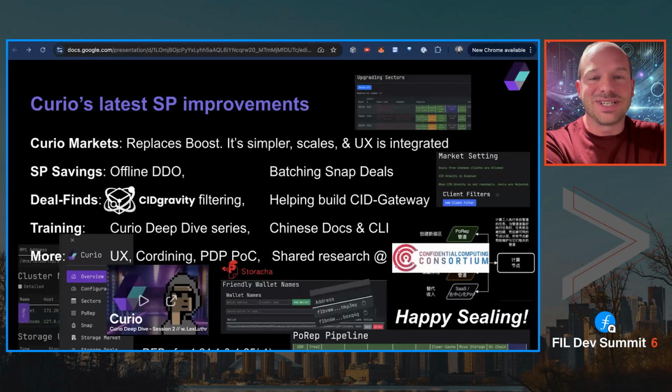Today, the Curio team is focused on reimagining the storage marketplace, and deal making is our focus. We're trying to make it so that for all parties, the deal making mechanism makes sense.